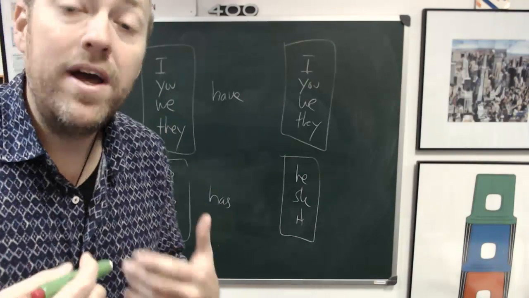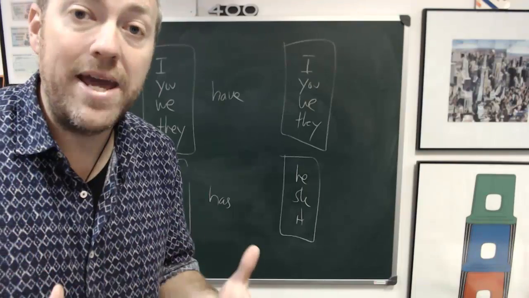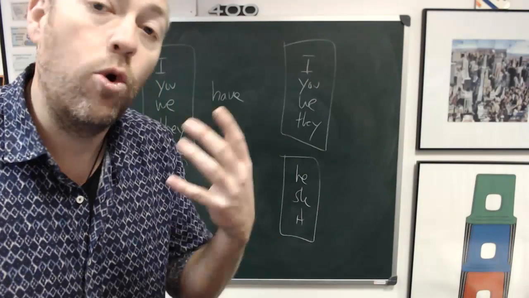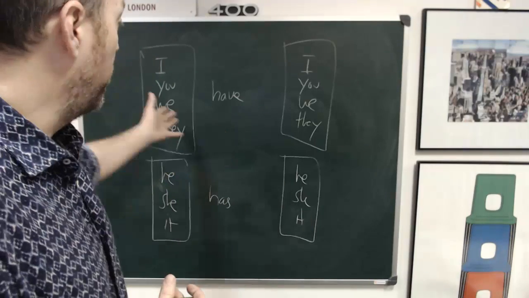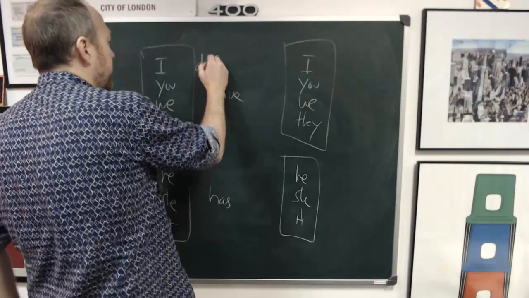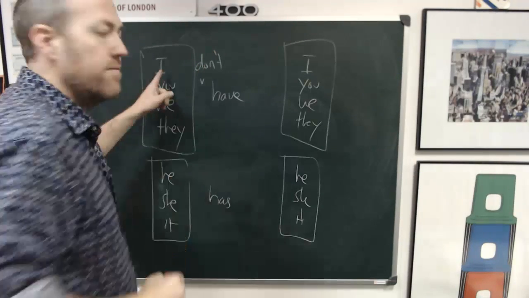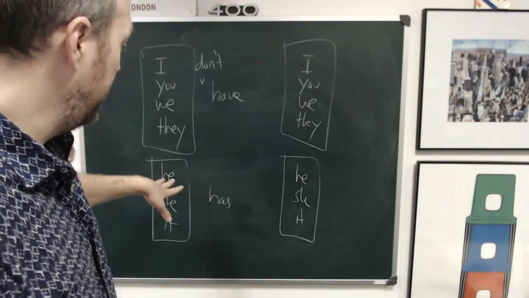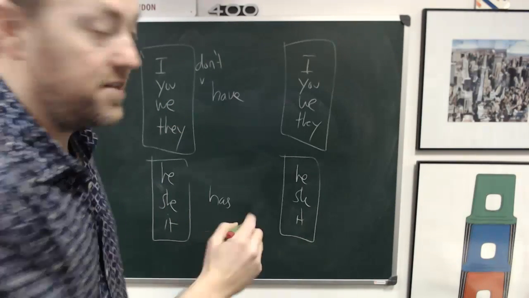Perfect. Now, if we want to make something negative, then we use an auxiliary. For example, I don't have, you don't have, etc. And for this group, we say doesn't.